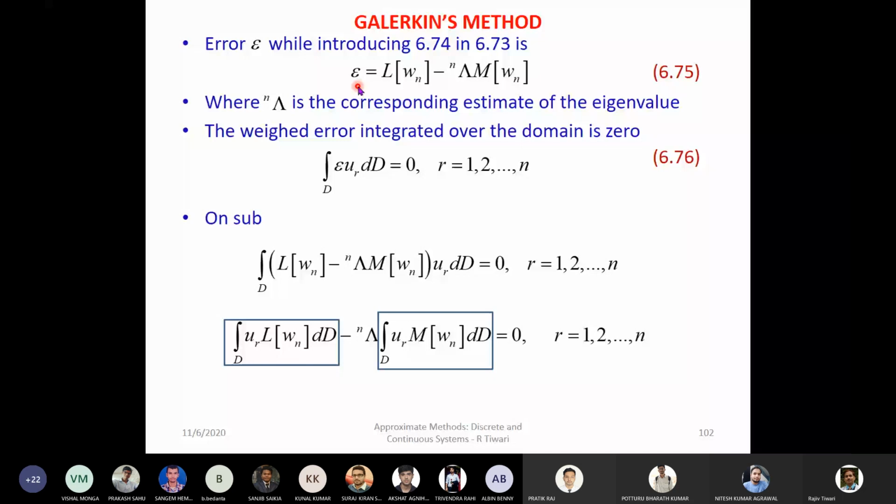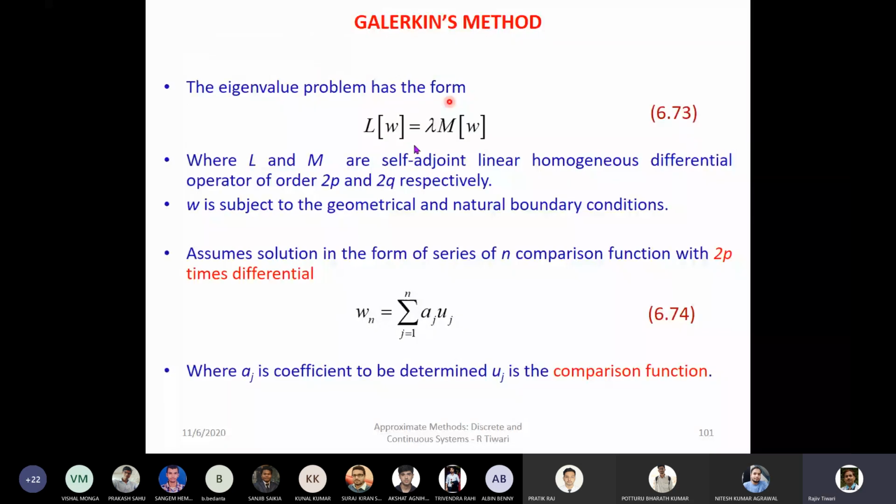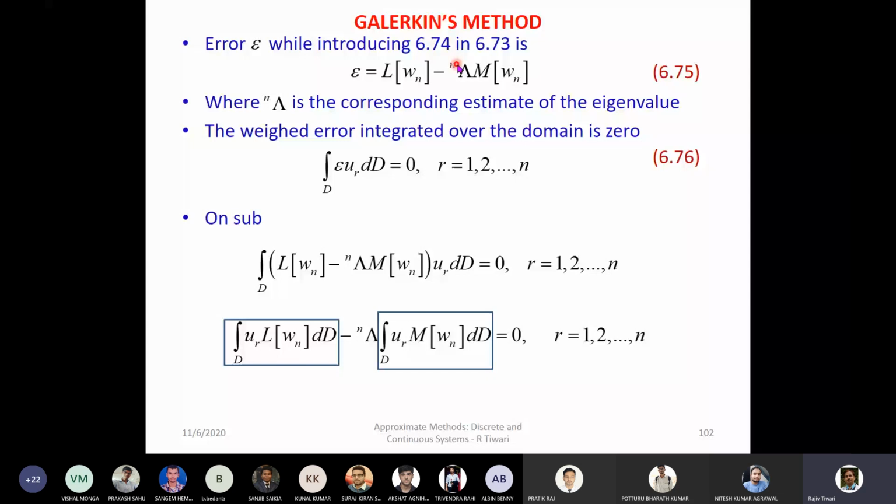Now also the lambda we have replaced. Earlier it was lambda n, which will be replaced by inverted v, representing that because this is approximate, whatever eigenvalue we get from this will also be approximate. This particular error we multiply by some weight and integrate over the domain.